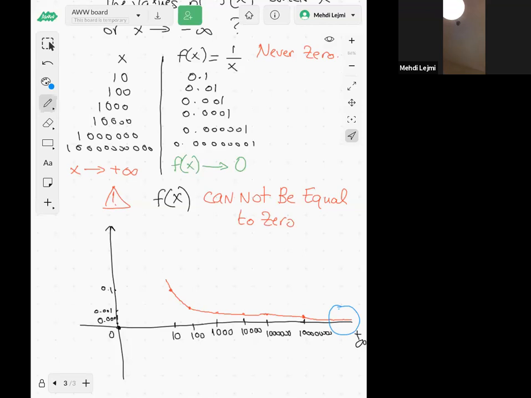But you don't touch the x-axis, because f of x cannot be 0. So here again, there's no intersection, because f of x cannot be 0.